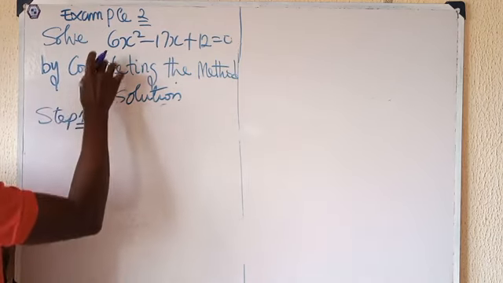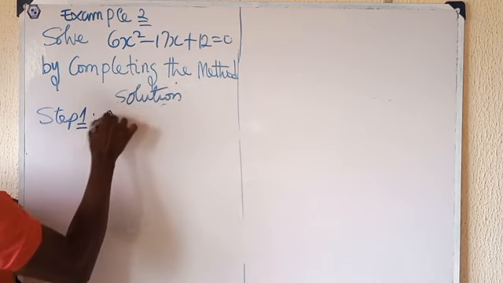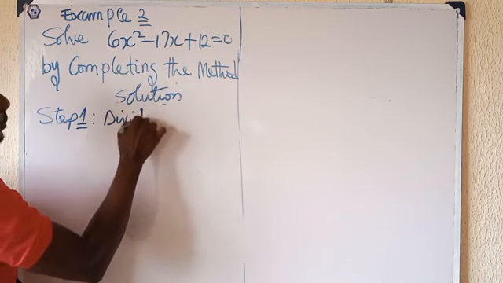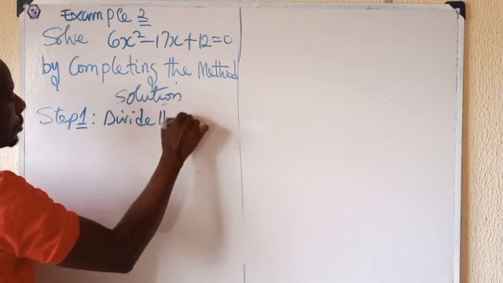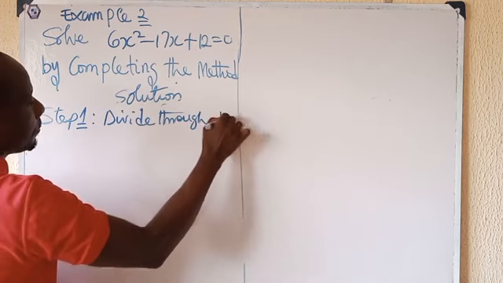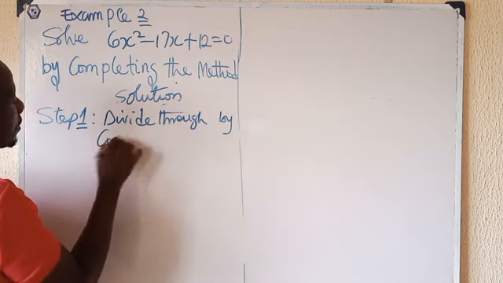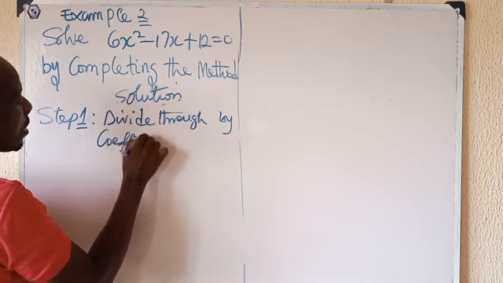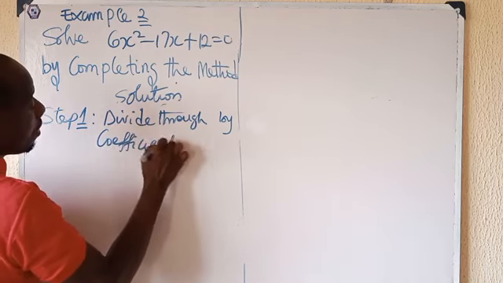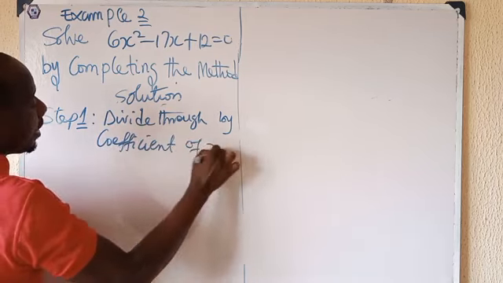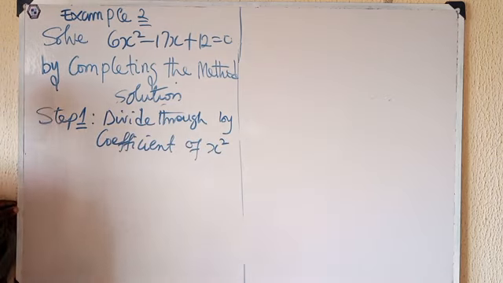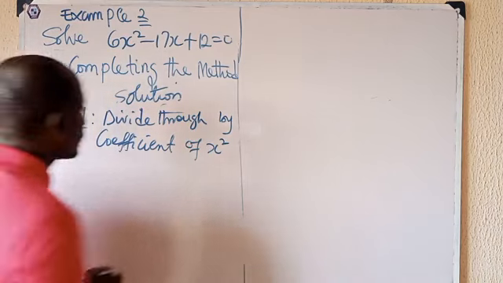says that we should do what? Divide through by coefficient of x squared.